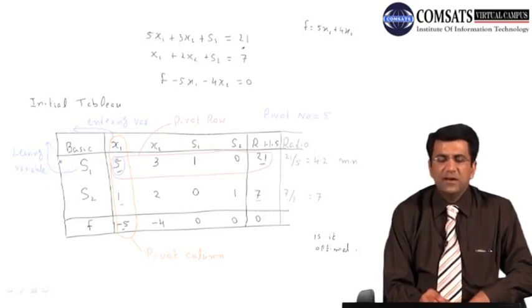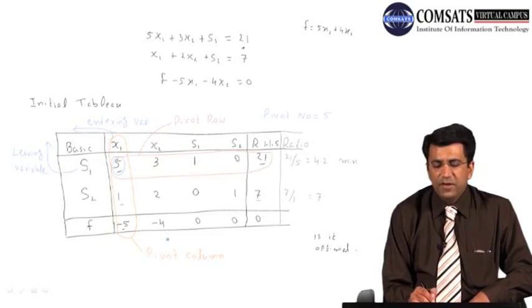So again, class, this is our initial tableau. We have identified the pivot column, the pivot row, the pivot number, the entering variable and the leaving variable. Now we will move to the next step, a very important step again.